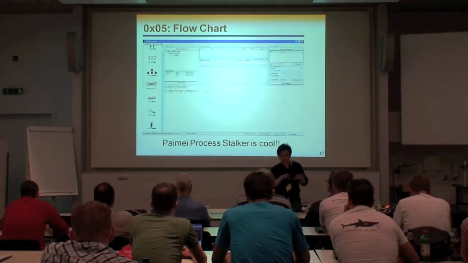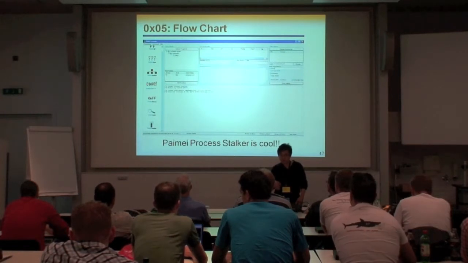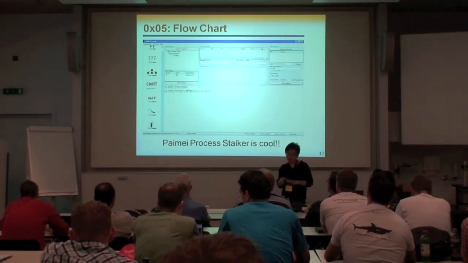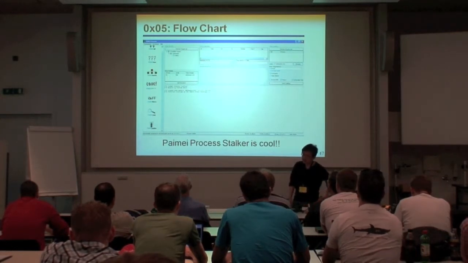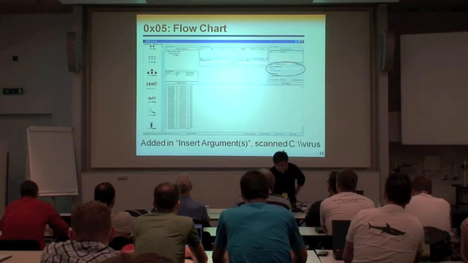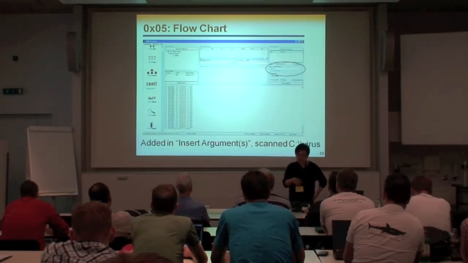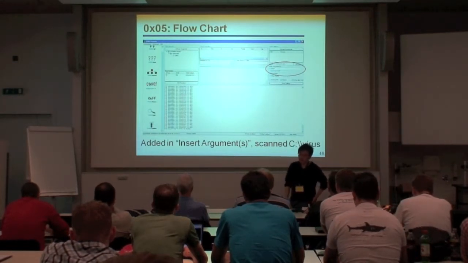To simplify the flowchart of the toolkit in scanning malware, we propose to use Pyman. Pyman process stalking is cool and helps us to draw the graphic of the execution of our toolkit when scanning malware. For this purpose, we customize the Pyman framework and add a new feature in Pyman Stalker with insert argument.